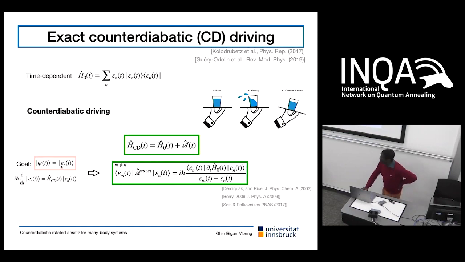Usually, before you try to prepare your state, you start in the ground state and want to end up in the ground state, and then you can do some rotation, as you said, and get there. However, here, to be able to optimize, because we want a way to find the protocol before running the device, we make a requirement for contrabatic driving: the system stays instantaneously within the eigenstate.